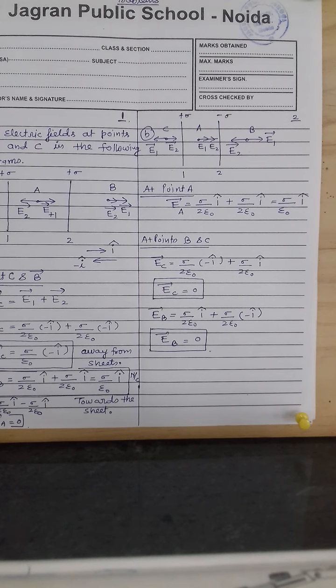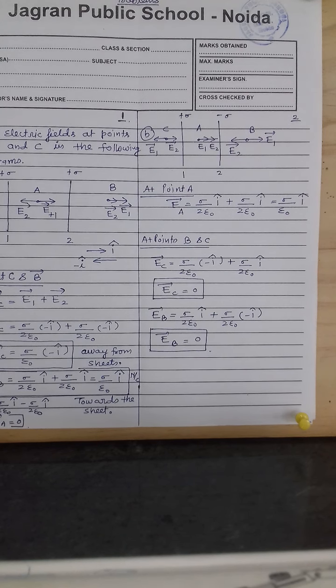One is positively charged and second is negatively charged. You can see surface charge density of plate first is plus sigma and surface charge density of the second plate is minus sigma. Again you have to calculate electric field at point A, B and C.